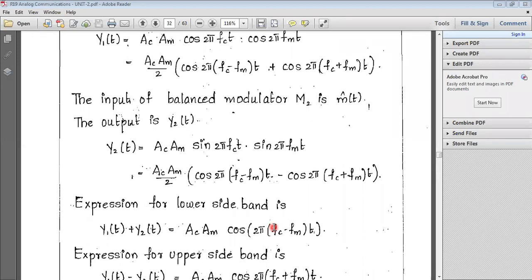Therefore, at the output of the balanced modulators, we connect an adder or subtractor circuit. Whenever we perform addition, we get AC AM into cos 2 pi into (Fc minus Fm) into t. What is Fc minus Fm? Already you know it is the lower side band.